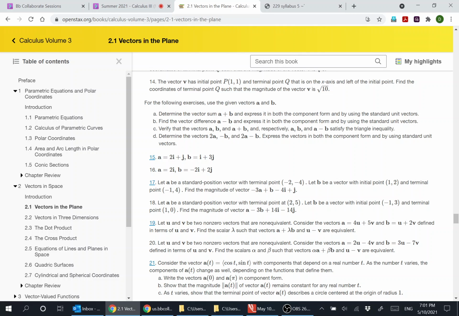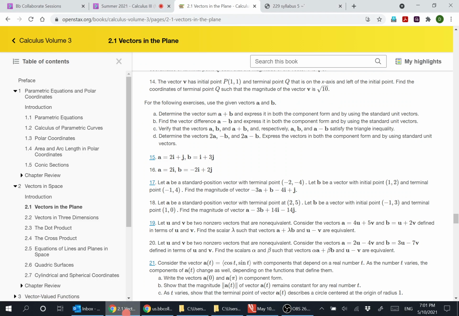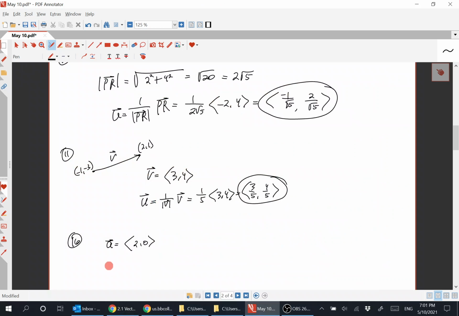So for 16, we've got vector a is 2i. So 2i would be that, (2, 0). And vector b is minus 2i plus 2j. So minus 2, 2, like that.